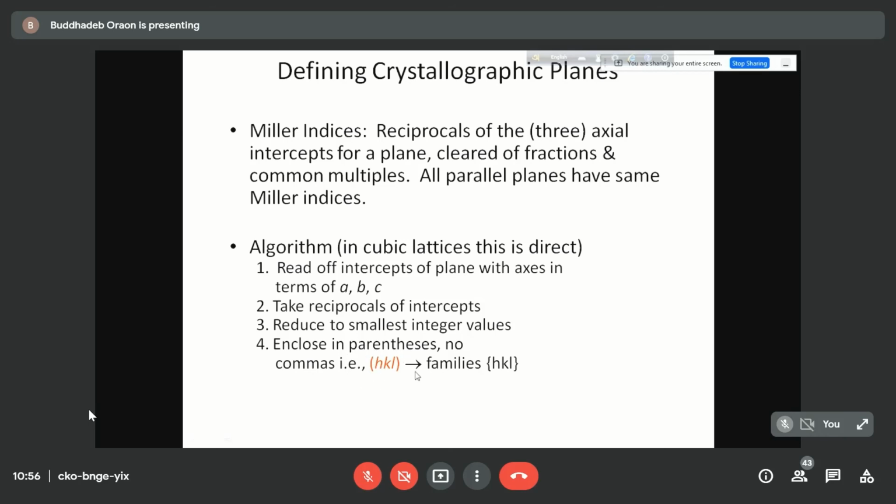Here we use first brackets to show a particular plane, and (hkl) is the standard notation of Miller indices for planes. When you are denoting a family of planes, we can keep it in curly brackets, so {hkl} means a family of planes.